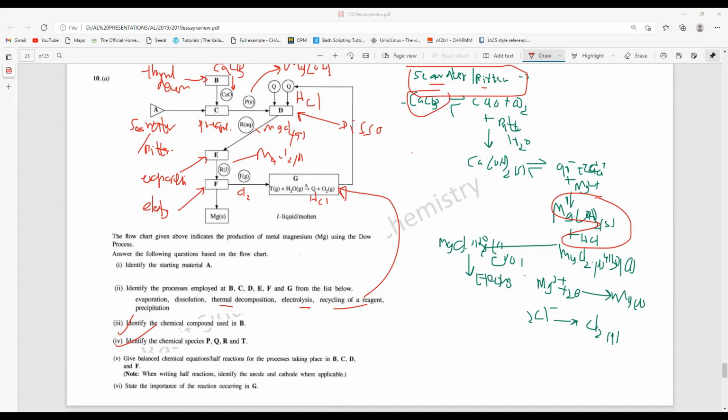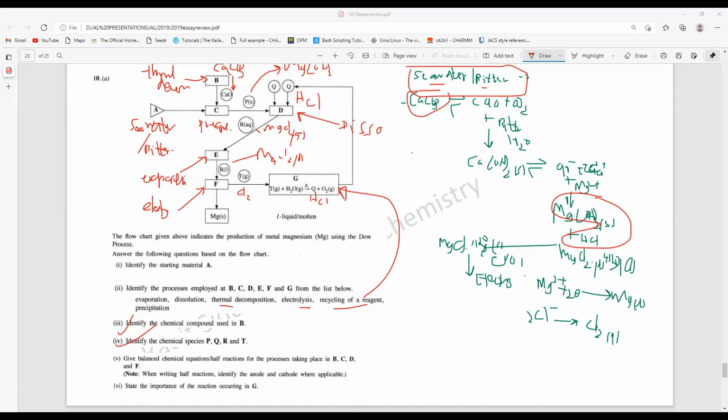For C, you need to write calcium oxide with water gives calcium hydroxide. Then calcium hydroxide gives calcium 2 plus and OH minus. Then magnesium 2 plus reacts with this OH minus to form magnesium hydroxide. So there are 3 reactions that you can write down here. And D is magnesium hydroxide reacting with HCl to form magnesium chloride and 2H2O.